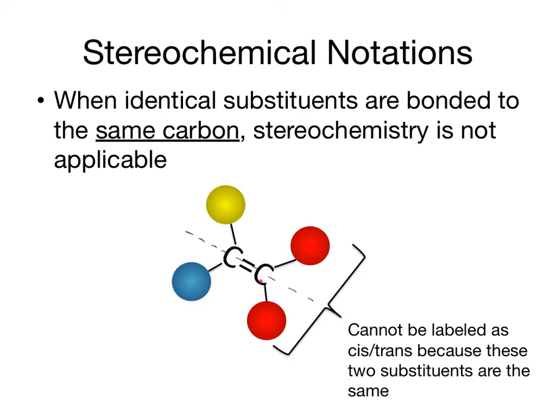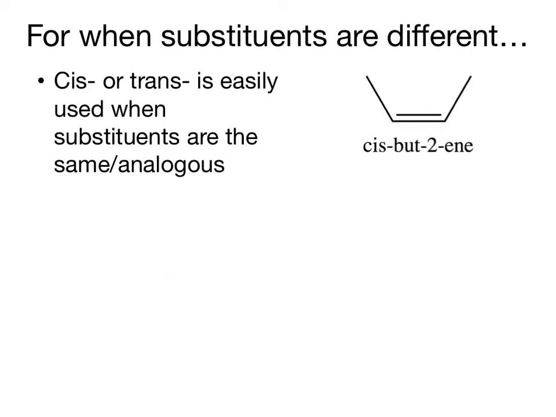So if one of the carbons in a double bond has the same substituent as both of its substituents, then this next section we're going to talk about does not apply to those double bonds. So cis and trans configuration nomenclature is really nice when substituents are the same, or we can consider them similar, like two similar carbon groups. But when we start adding more complicated factors around our double bonds, the nomenclature falls short.